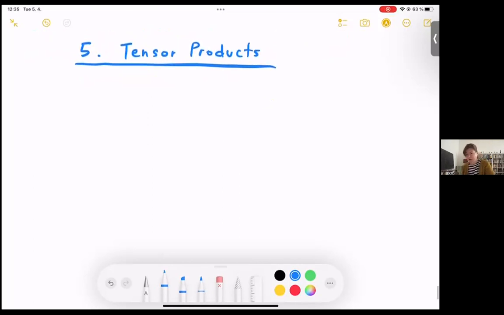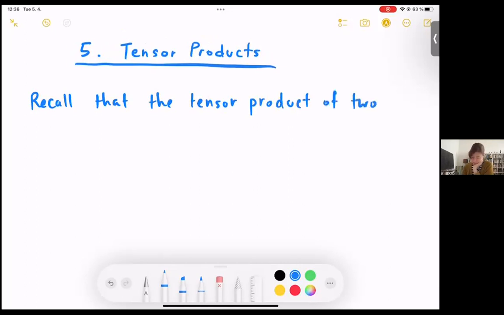I assume most of you are more or less familiar with tensor products of vector spaces, but let me just quickly recall what that is, in particular its universal property, because that will be invoked from time to time. So the tensor product of two vector spaces V and W is itself a vector space.